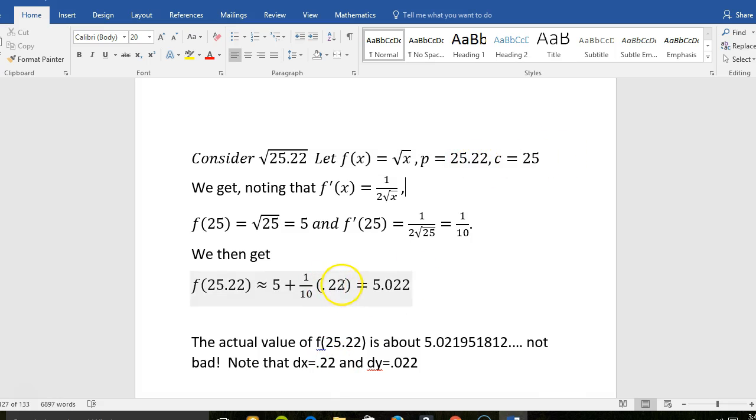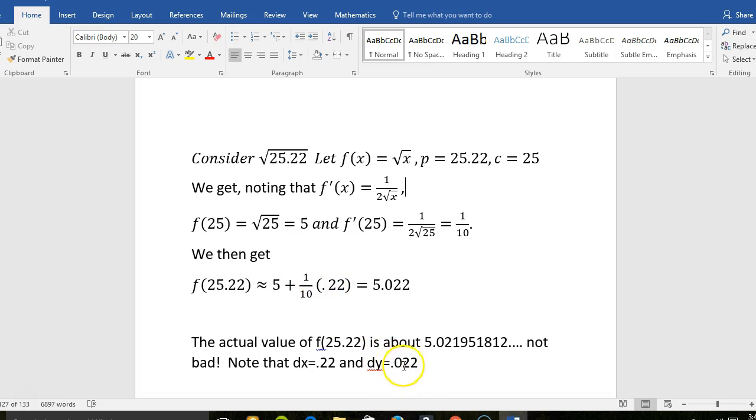And then you do PEMDAS. You multiply 0.22 by 1/10, which is the same thing as 0.22 divided by 10. That's just 0.022, and 0.022 plus 5 is 5.022. I really should say 0 instead of O. I'm just a creature of habit. So 0.22 divided by 10 is 0.022, which is your dy, by the way.